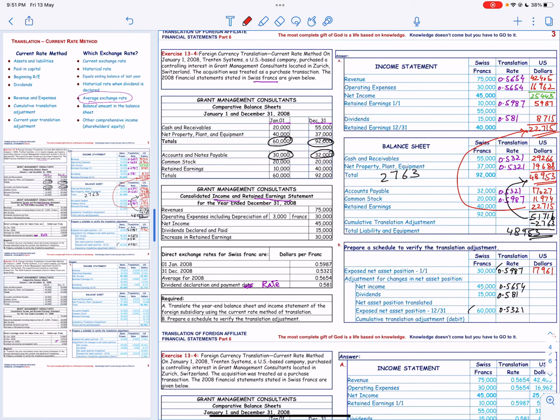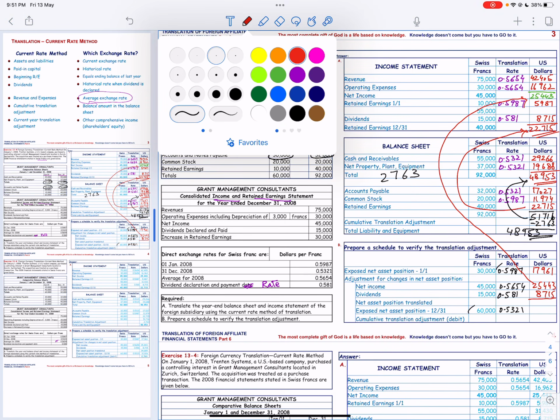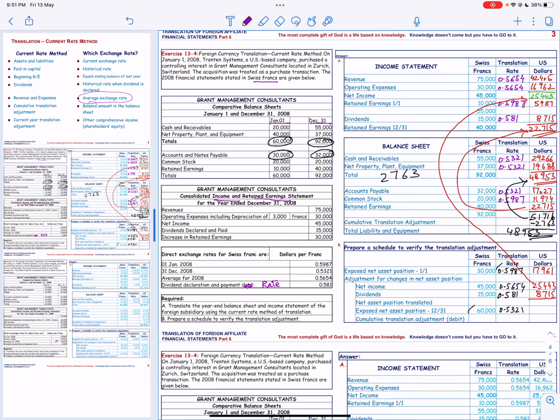Net income is 25,443. That is what you can see we have calculated before. Dividend is 8,715, and the net assets position translated is 34,689.